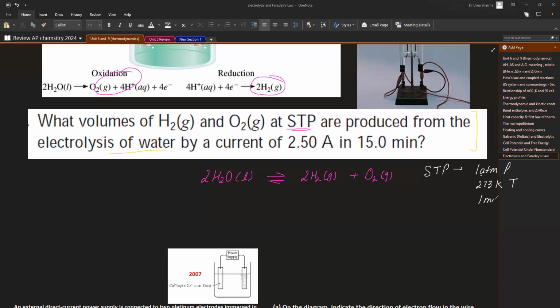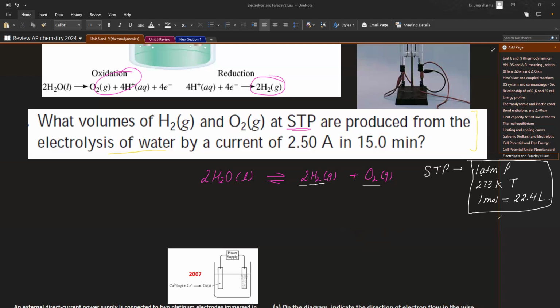1 atm pressure, this is the temperature, and what else? 1 mole of every gas is 22.4 liters, right? Okay. Now you have 2 moles of hydrogen gas and 1 mole of oxygen gas.